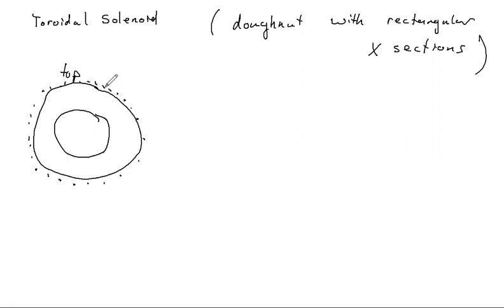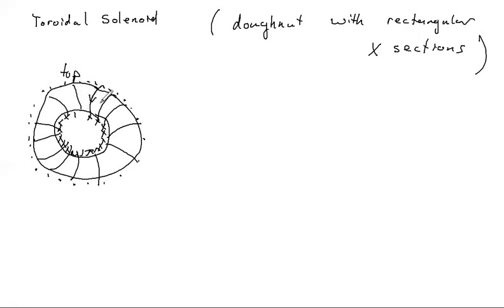Maybe I should draw some of them. They're going to go around, and we're going to go into the board here on the other side. So you're going to get these wires like that, all the way around this thing.